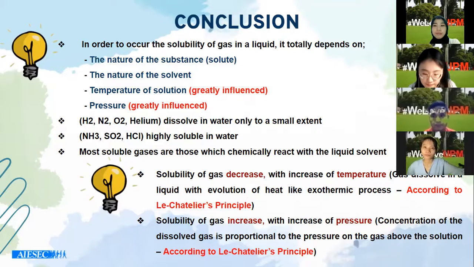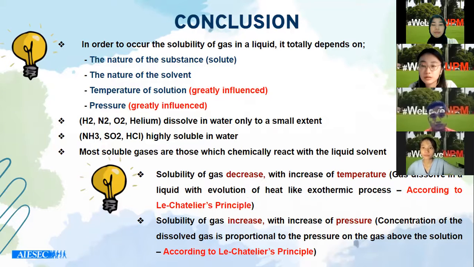For the temperature, the solubility of gas decreases if the temperature increases. This is because gas dissolves in a liquid with evolution of heat, like an exothermic process, according to Le Chatelier's principle.